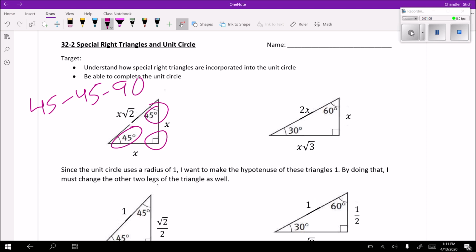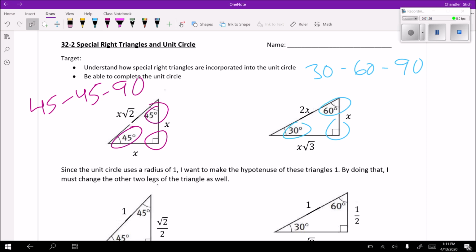And the other is a 30, 60, 90 triangle, because of the 30, 60, and 90 degree angles. These two distinct triangles have very distinct features that help us fill out the unit circle.